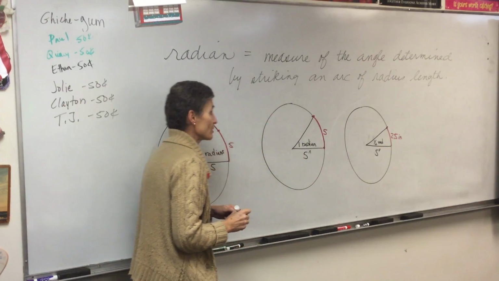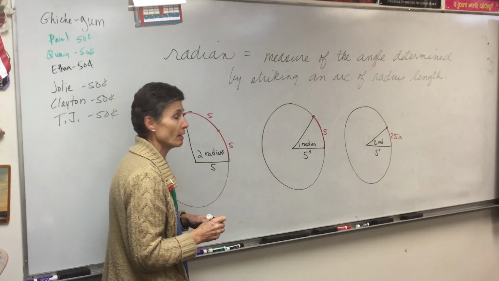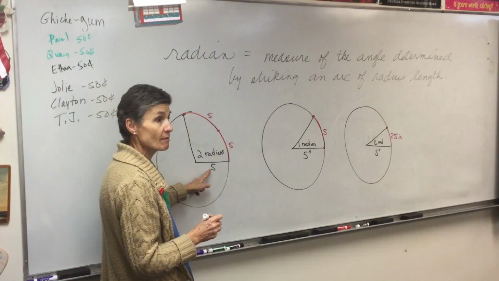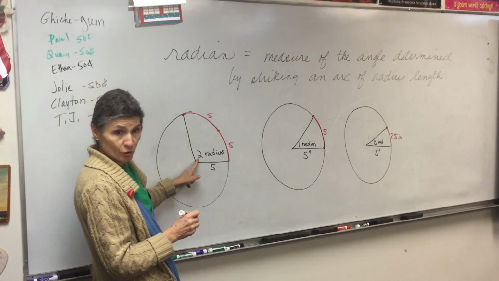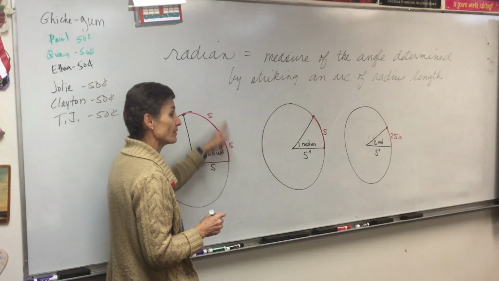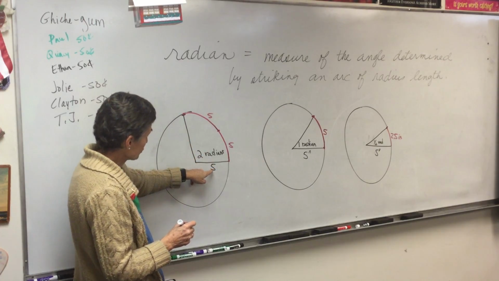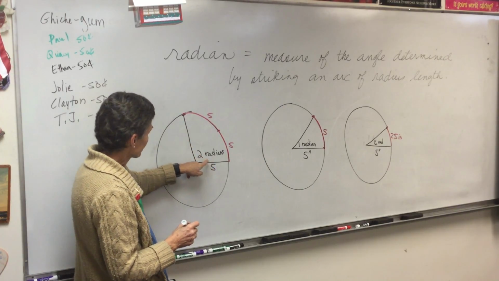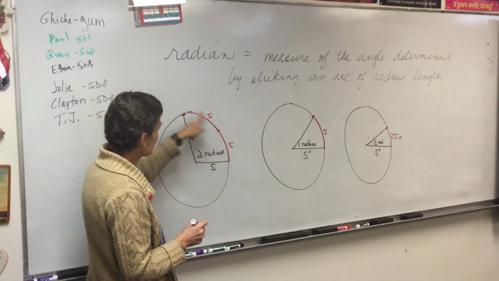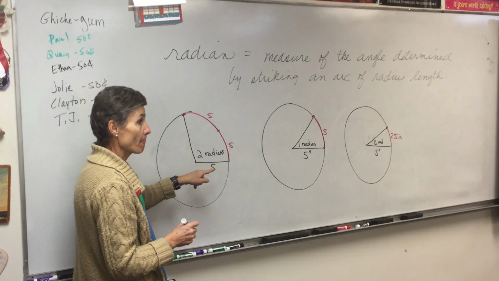In other words, there's a relationship between the radius of the circle, the measure of the central angle, and the length of the arc. What's the relationship between the radius, the angle, and the arc? Can you see it?